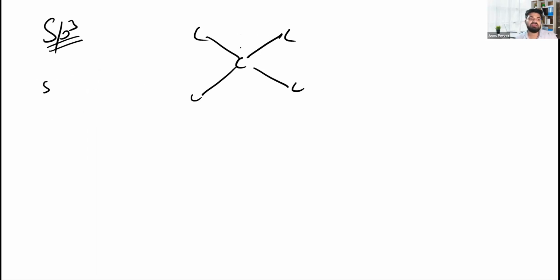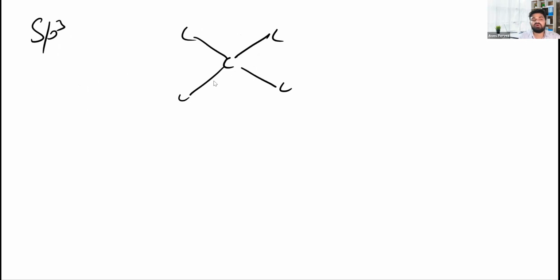Why? Because if there are hybrid orbitals, then the energy of every orbital must be the same, and their bond angle will be the same. If their bond angle is different, it means there is some mistake. Their bond energy should be the same.